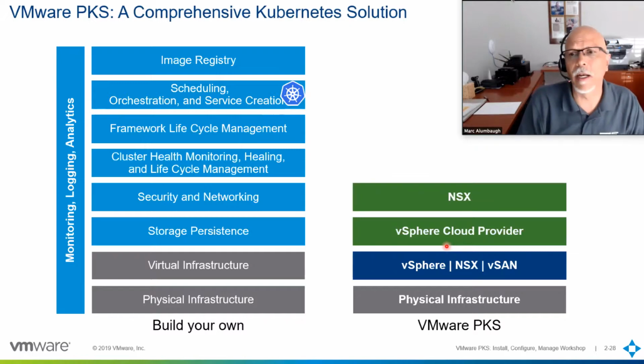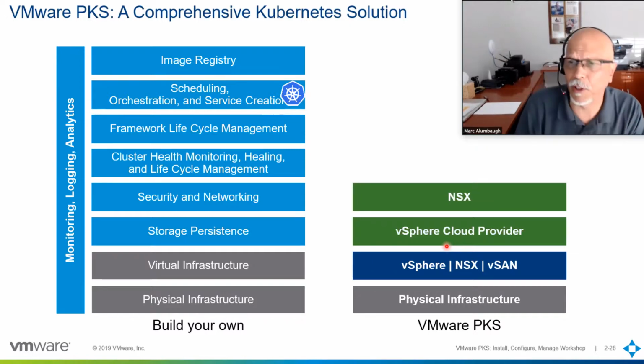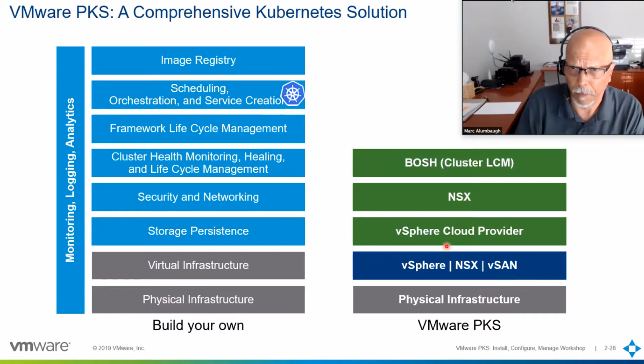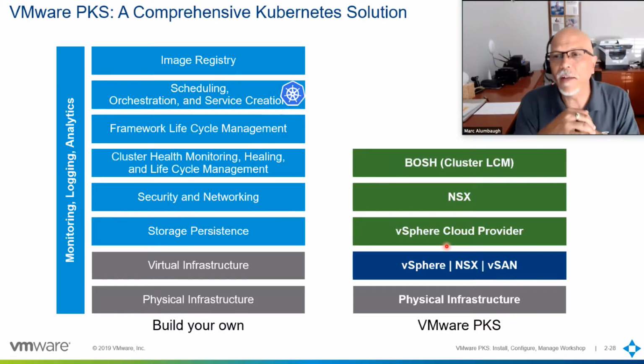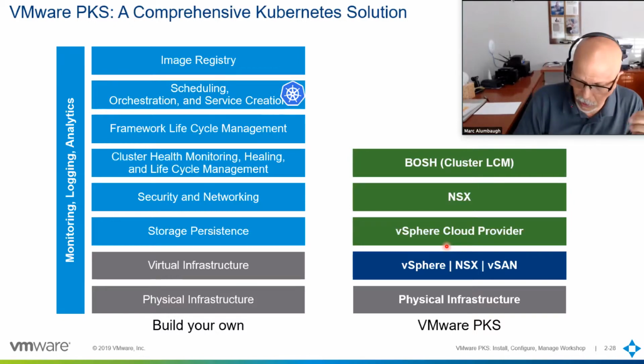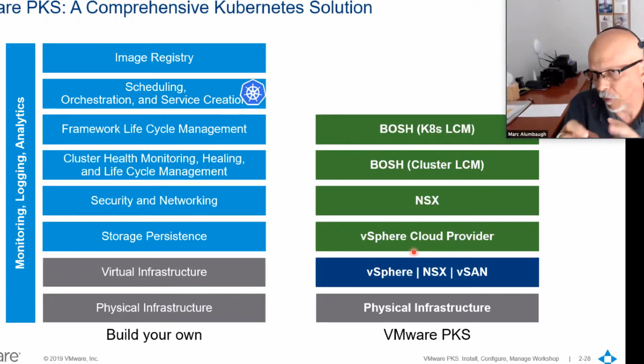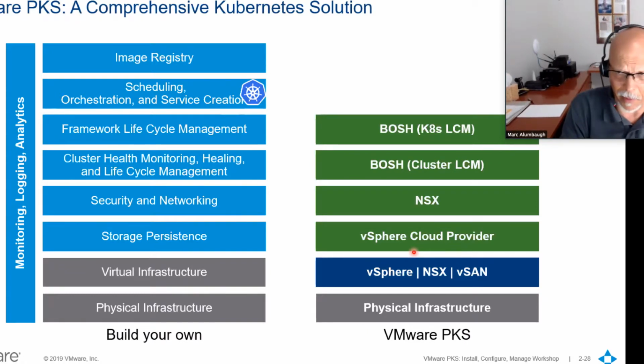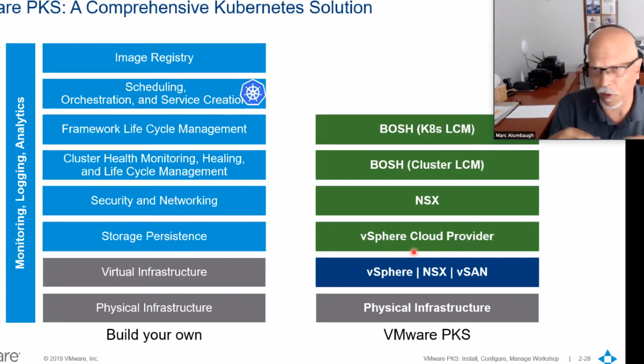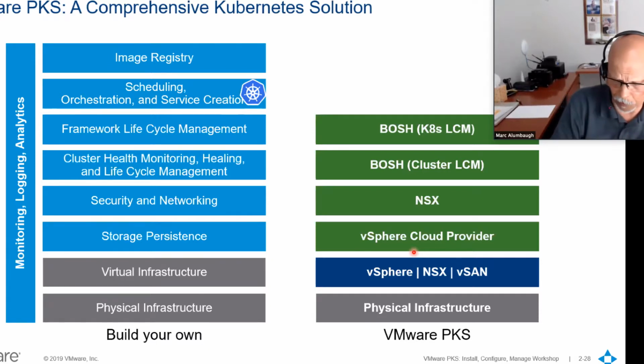From the security and networking point, we're going to explain how NSX fulfills that requirement. For lifecycle management, we're going to be using BOSH in two different areas, the lifecycle of my cluster and my lifecycle management of Kubernetes. Kubernetes, remember, has a version. So maybe you're running 1.11 and you want to go to 1.12 or 1.13. We'll show how BOSH would automate some of that for you.